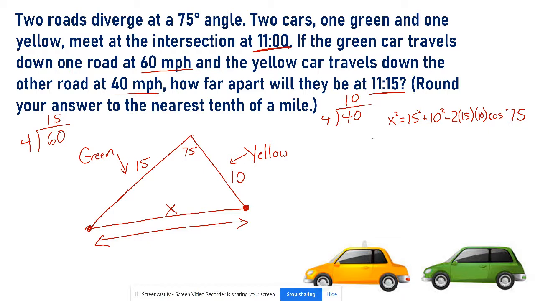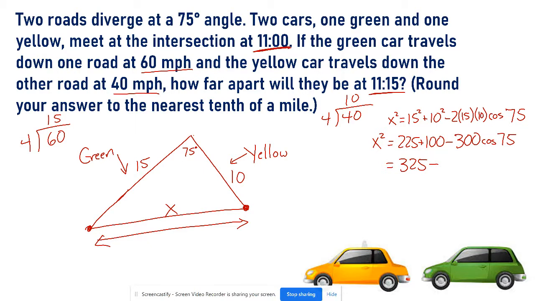Let's work this out. So x squared equals 15 squared is 225. 10 squared is 100. 2 times 15 times 10. 15 times 10 is 150. Times 2 is 300. So 300 cosine of 75. We can simplify a little more. Add those two numbers together. 300 times the cosine of 75.